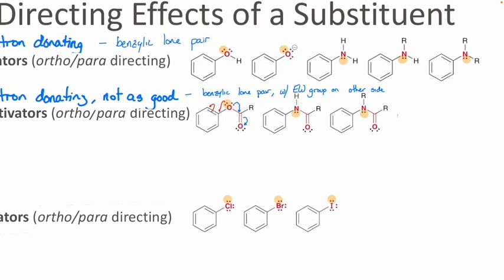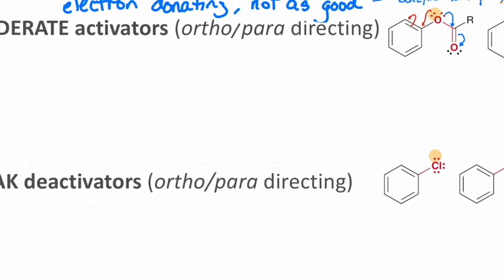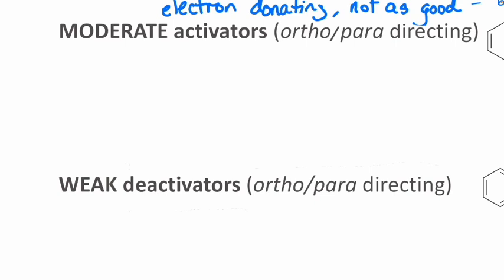We got to think a little bit harder to think whether it's strong, moderate, or weak. All right, but all of them have that same feature. Okay, and so let's just note these are our halogens.